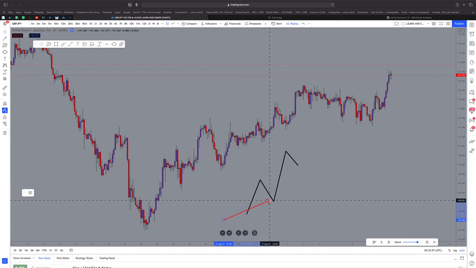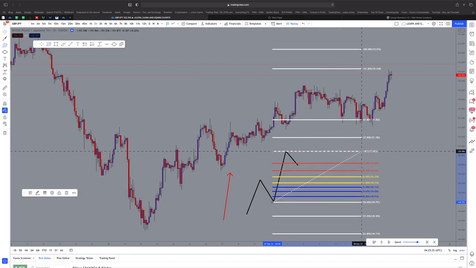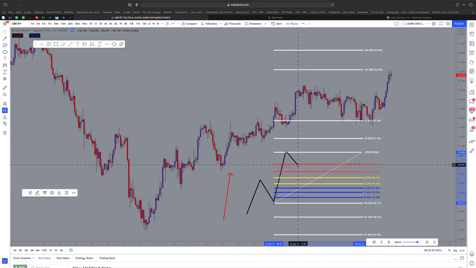Your fib is used only when you have a higher low and a higher high to get your next higher low. So in this example, we would place our fib here at our higher low and place our fib here at our higher high to potentially get our next fib level.